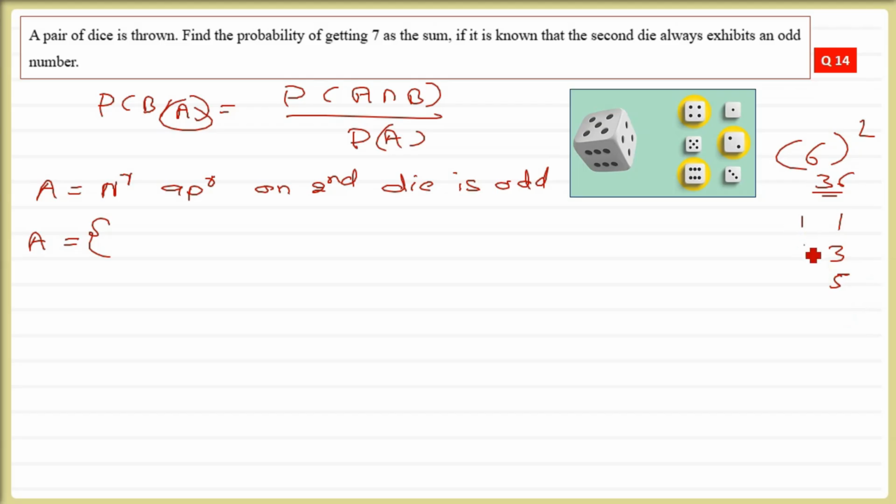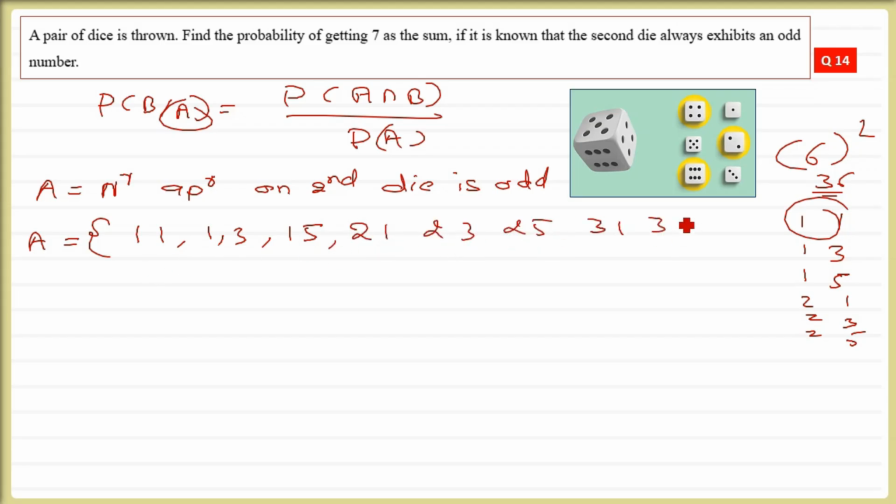But the first can be 1, so (1,1), (1,3), (1,5) is a combination. Then (2,1), (2,3), (2,5). Then (3,1), (3,3), (3,5), (4,1), (4,3), (4,5), (5,1), (5,3), (5,5), and likewise we go up till 6, so (6,1), (6,3), (6,5).